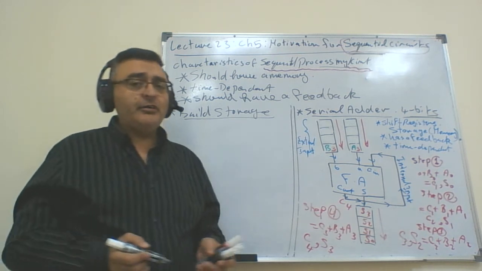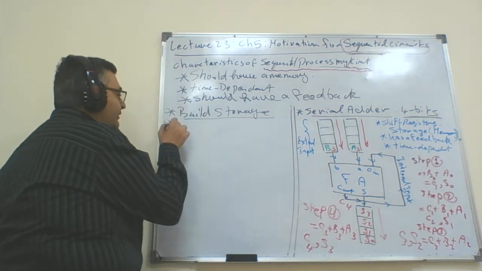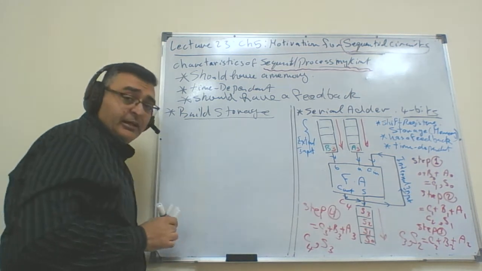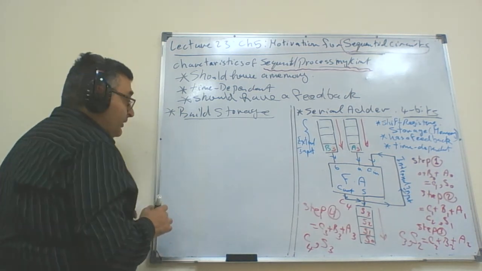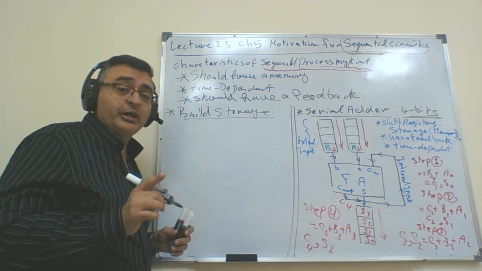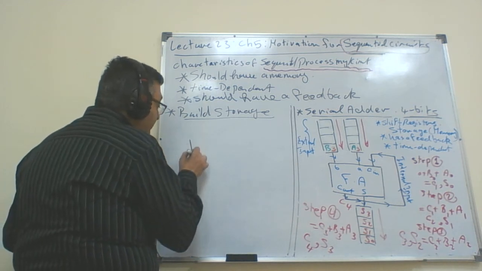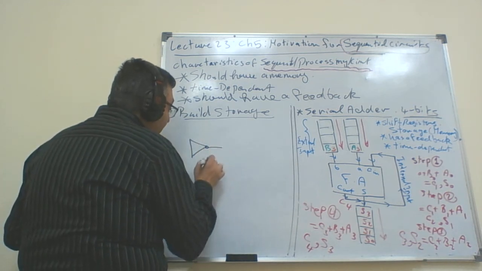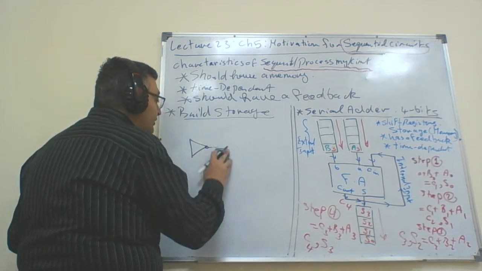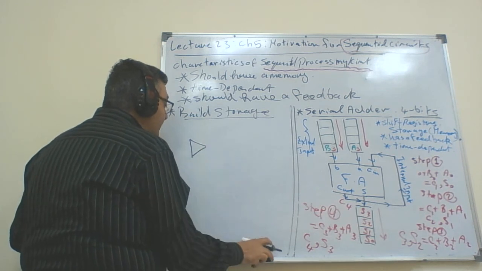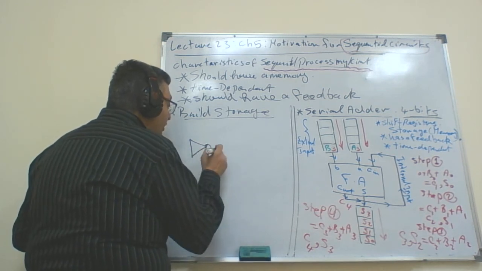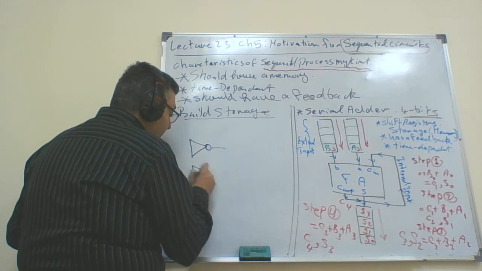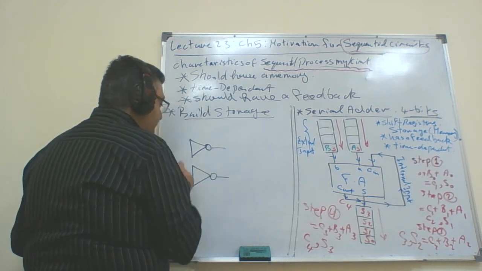So the engineers have started by building the first memory cell, and its design is very simple. And from the design you can recognize how simple it is, and it complies with the characteristics of what? Of the sequential circuits.